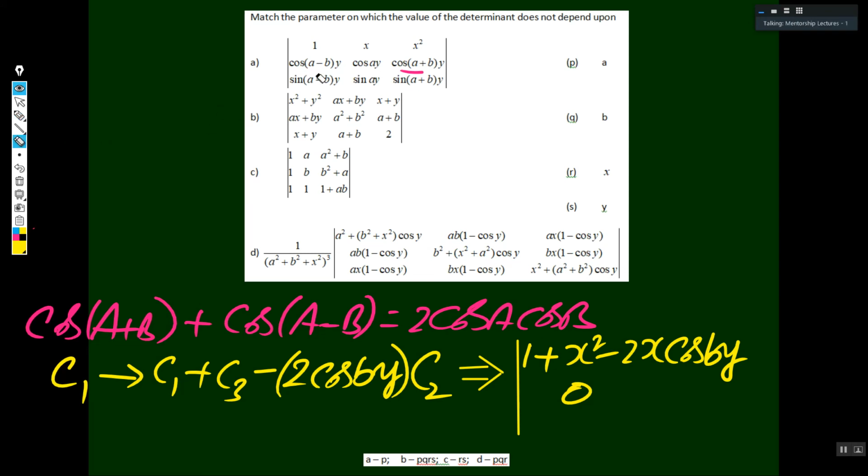If you see these elements here, what is sin of A plus B plus sin of A minus B?